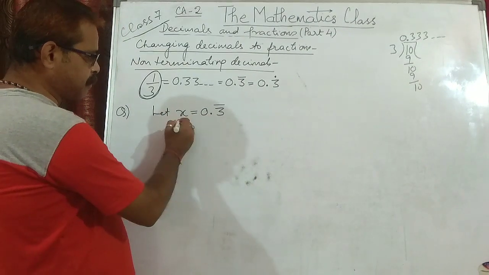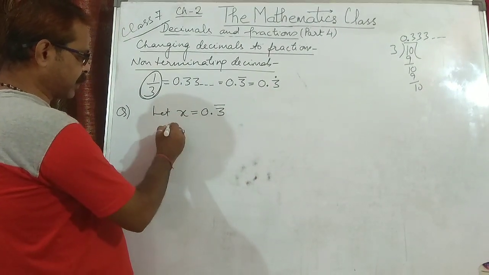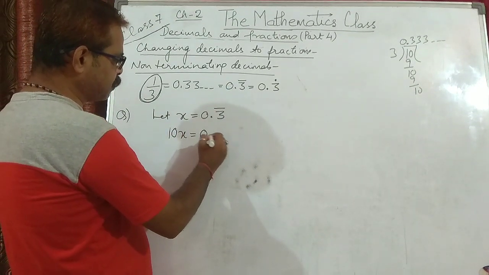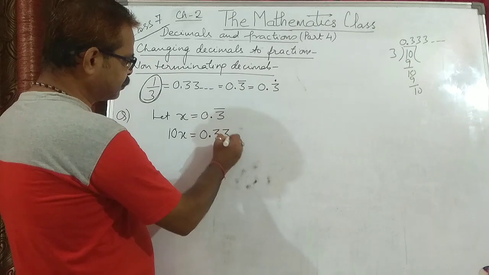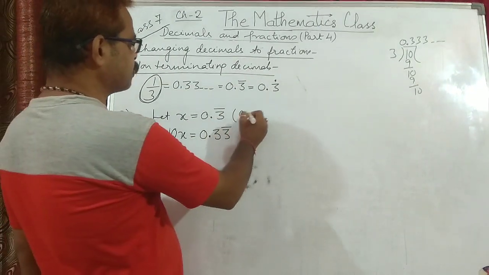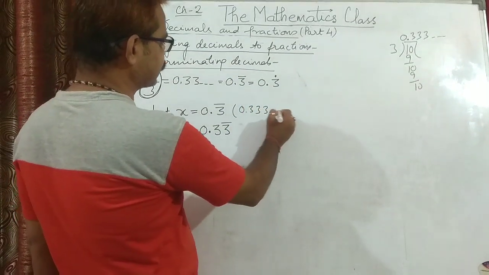So if I multiply by 10 on both sides, what will I get? 10 times x is equal to 3.3 bar, because this was 0.333 and so on.